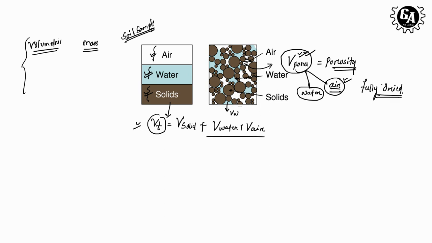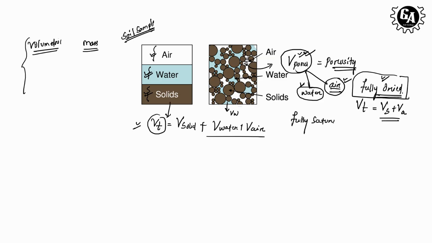So in this fully dried case, what will the total volume be? The total volume will be the volume of the solid plus the volume of the air only, because no water or no liquid is present in the fully dried case. Second case, fully saturated case.